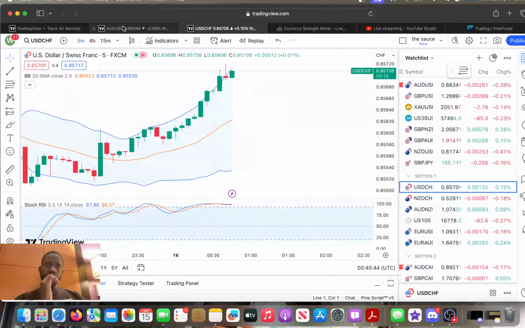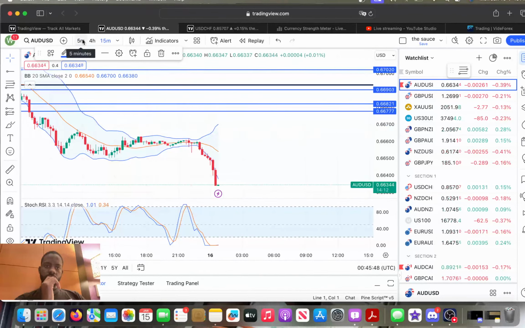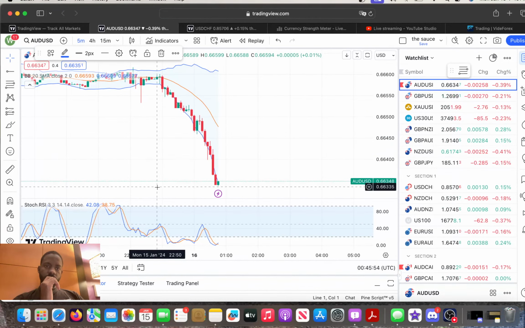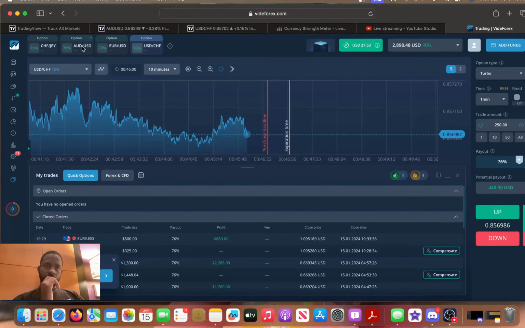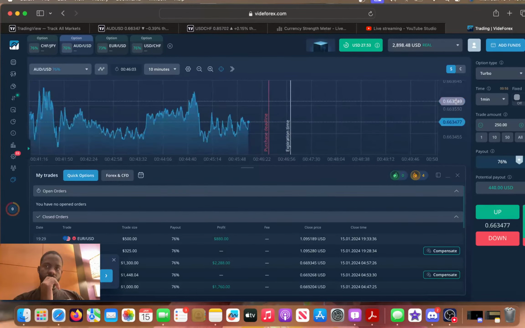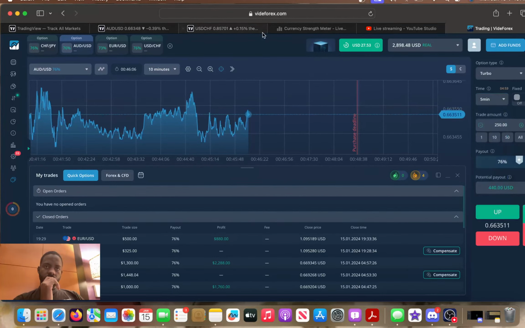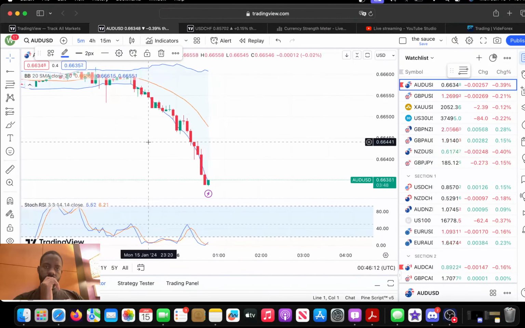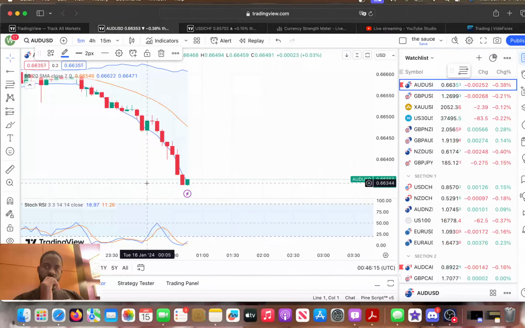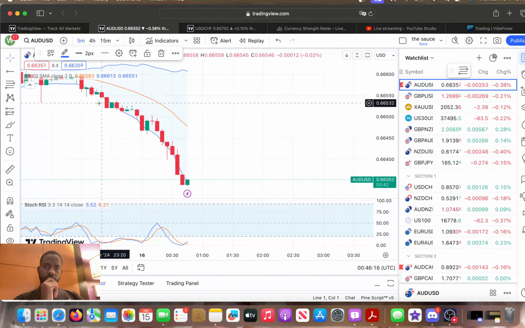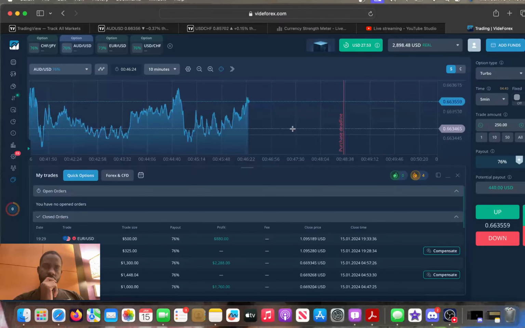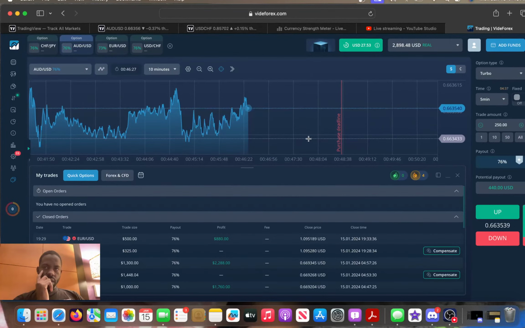Let's give it a few more candles, see what AUD USD is doing. $344, we're at $353, $354. I caught it a little late.